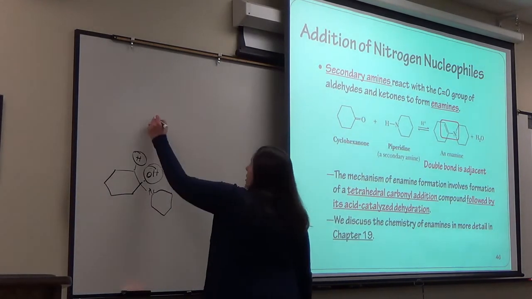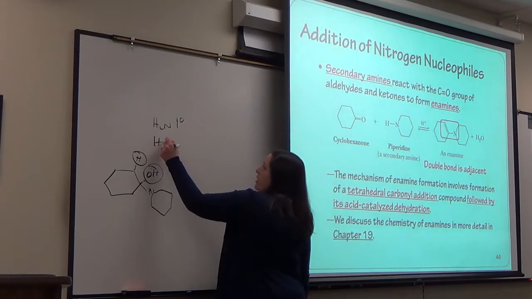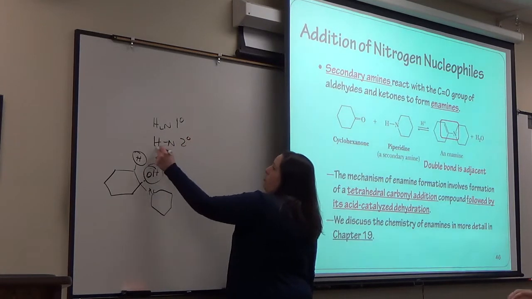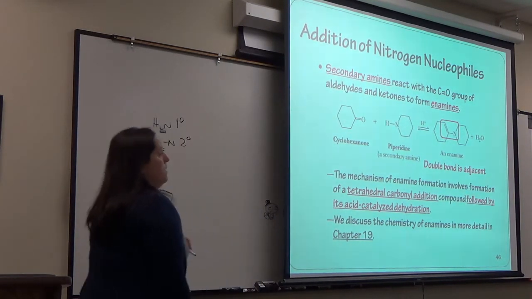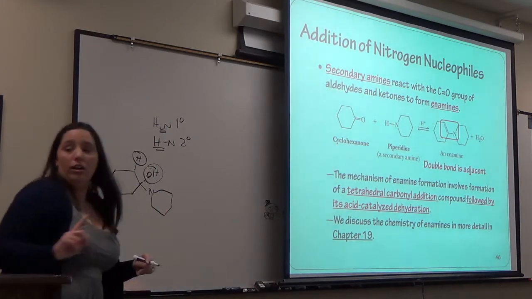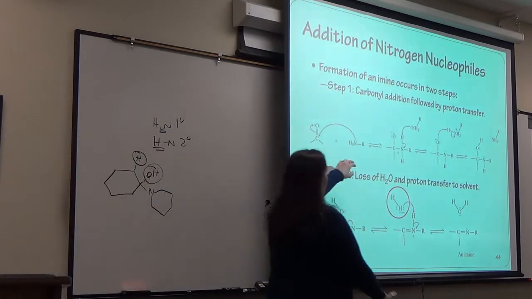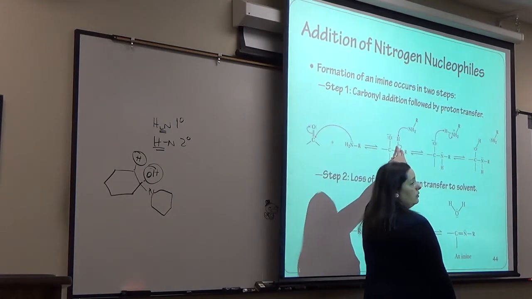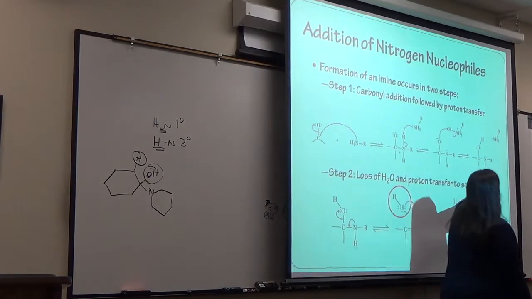Yes, so a primary is NH2, that's primary. A secondary is an NH. There's only one hydrogen versus two hydrogens. The first hydrogen gets lost in that first step. If I go back here again, see, it gets removed up here. But since this is primary, there's still another hydrogen, see?